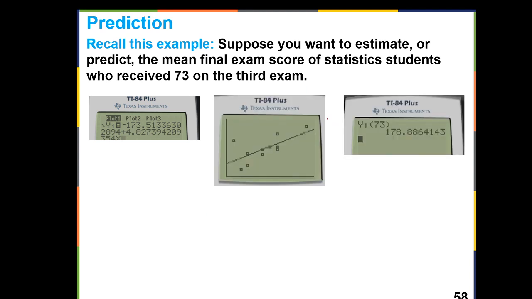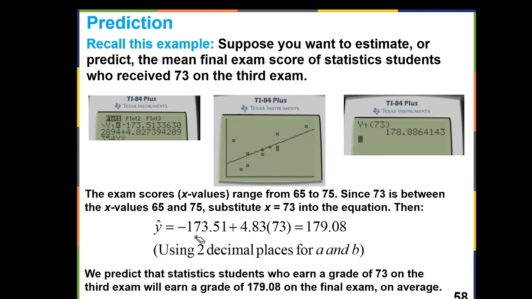That's how we do it. We could have done it by hand and used 2 decimal places, and we get 179. But of course, if you use the power of the calculator, then you get this number. So we predict that stat students who earn a grade of 73 on the third exam will earn a grade of 179.08 or 178.8 on the final exam on average.